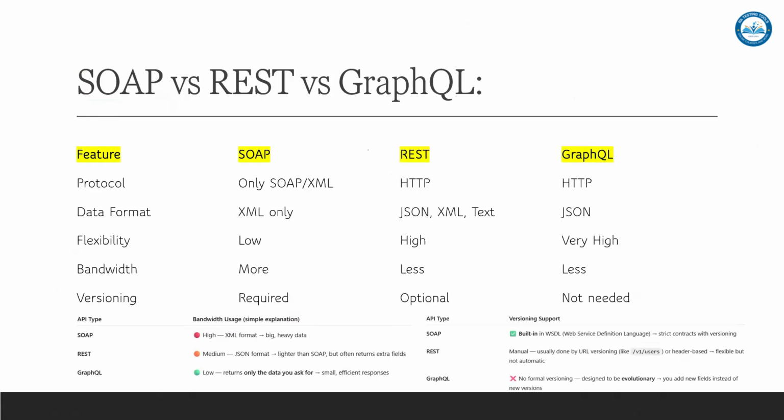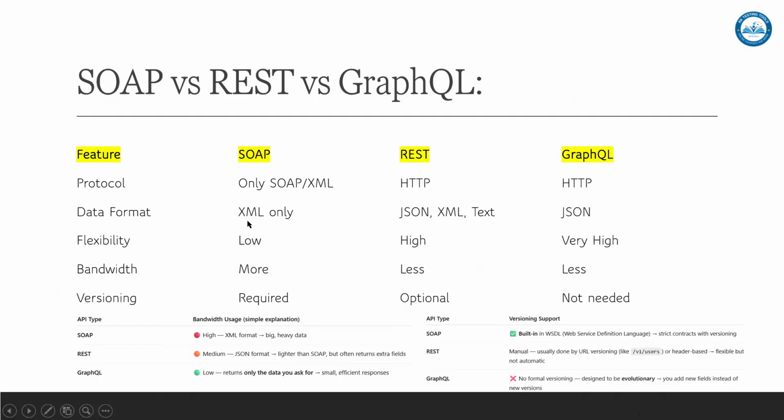Now we'll see the difference between SOAP, REST, and GraphQL. For the feature protocol, SOAP is only XML format, and REST is supported over the HTTP protocol. GraphQL is the same thing, HTTP protocol. For data formats, that is what type of data can be accepted by this protocol or API.